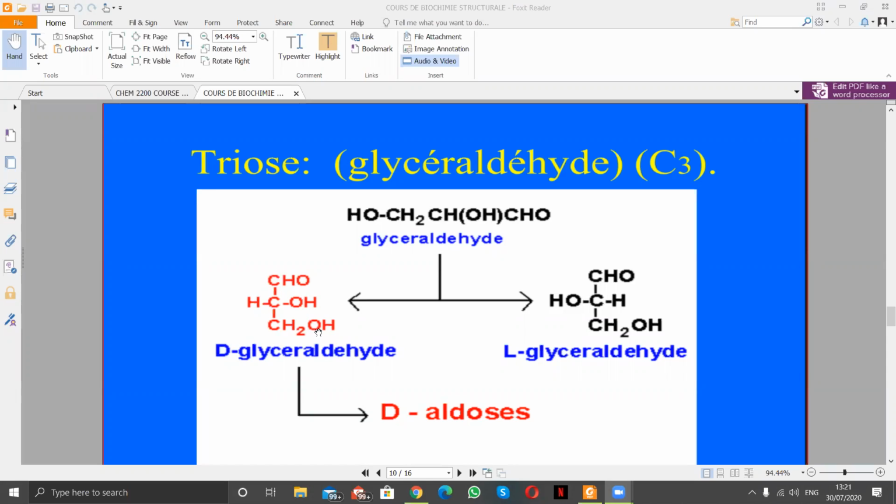Then if a hydroxyl function is at your right hand, like the way you're seeing it, we say D. If a hydroxyl function is at your left hand, we say L. Are we together?